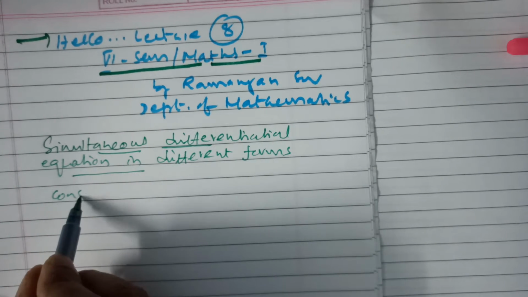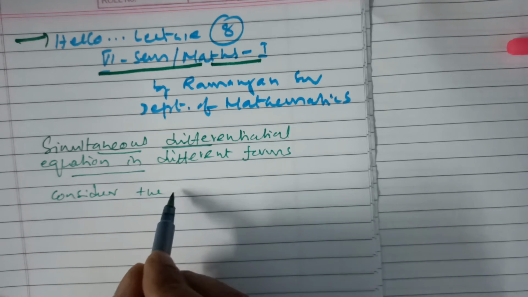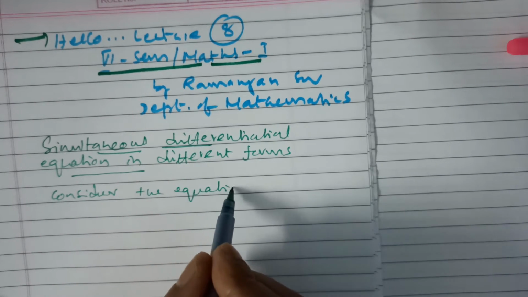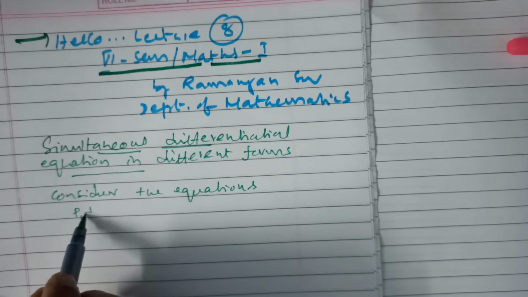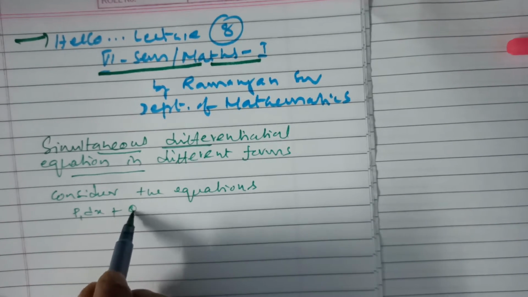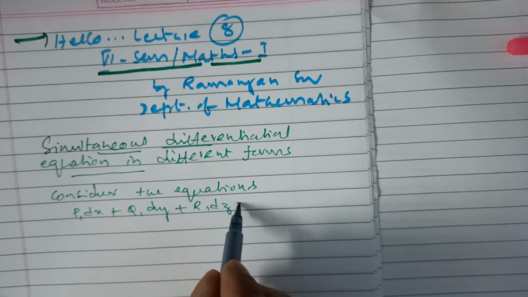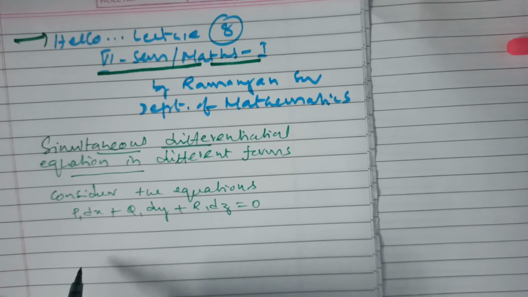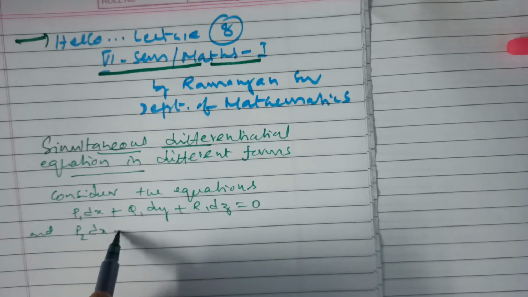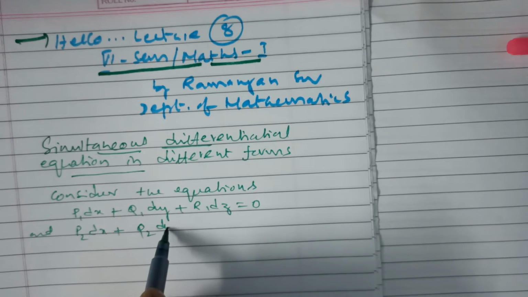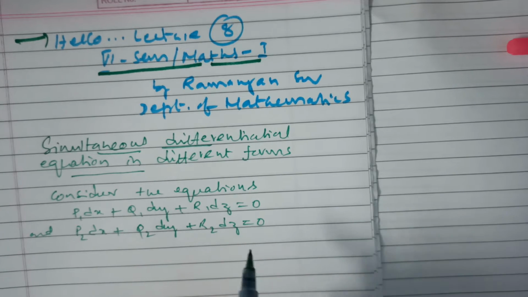Consider the equations P1 dx plus Q1 dy plus R1 dz is equal to 0, and P2 dx plus Q2 dy plus R2 dz is equal to 0.